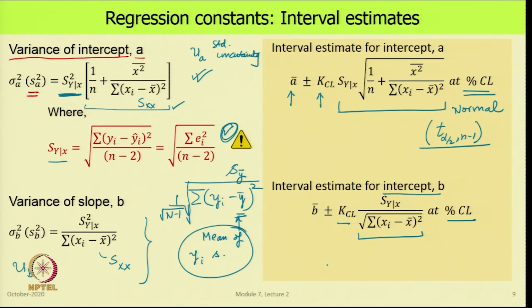In some experiments it could be that we were interested in the slope itself. We were not interested in the whole regression line. For example, if you have a spring and we add weights over there and measure the deflection, then in this case the slope that is of interest to us is the spring constant.